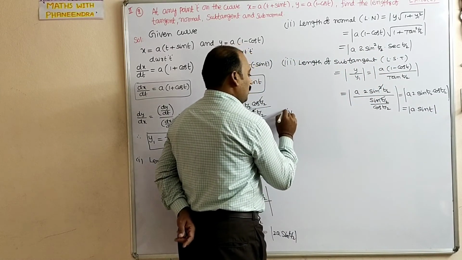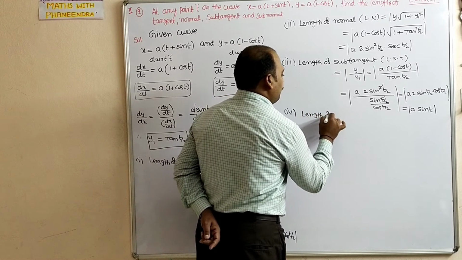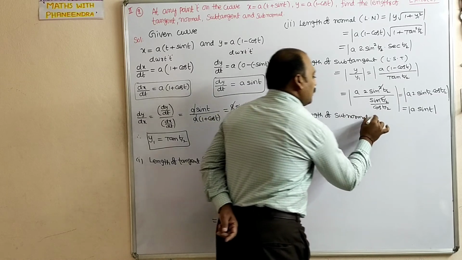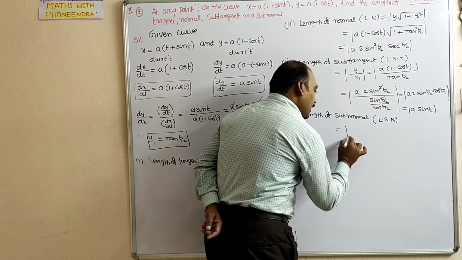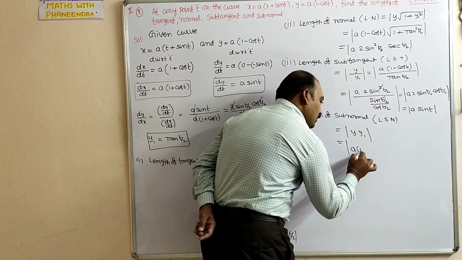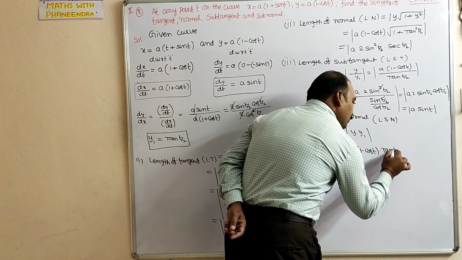We'll move to the last one in this, length of subnormal, LSN. It is mod y into y1. So the y value is a into 1 minus cos t, into tan t by 2.